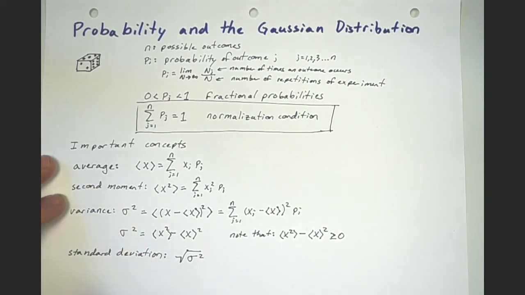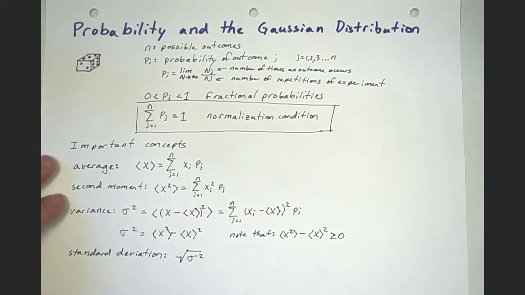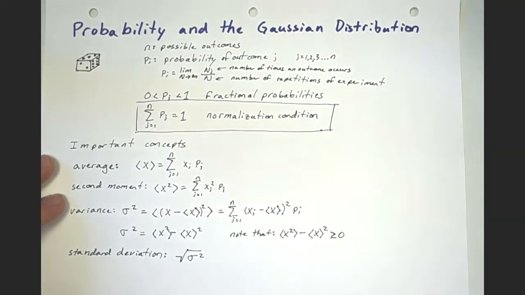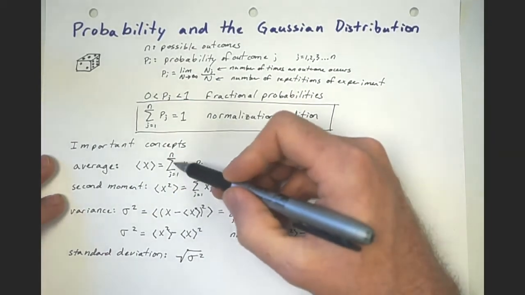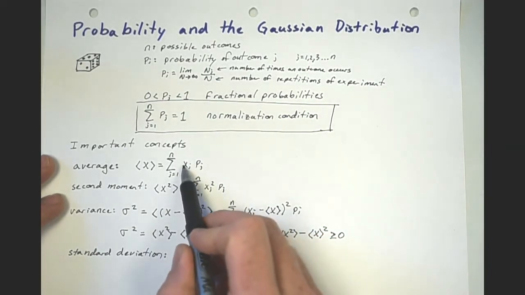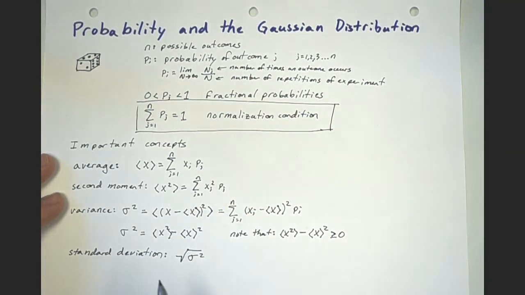A few other important concepts that I'll just bring up here. The average, we indicate this with angle brackets here. So this is the average of some value of x: the sum over all possible outcomes of the value of x for that outcome times the probability of that outcome occurring.